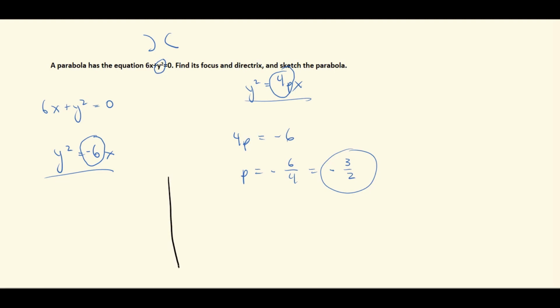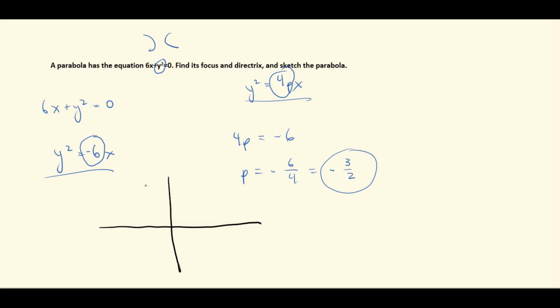So I'm going to sketch the graph. Once again, we know that it's centered at the origin because we don't have any shifts. We don't see a 6x plus something or a y plus or minus something squared. It tells us that it's at the origin.